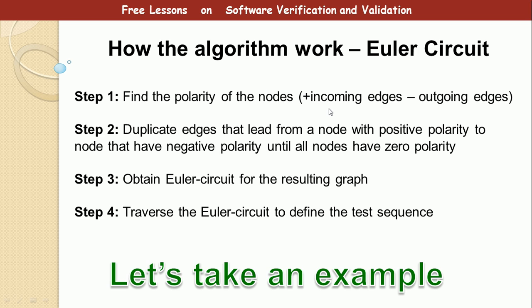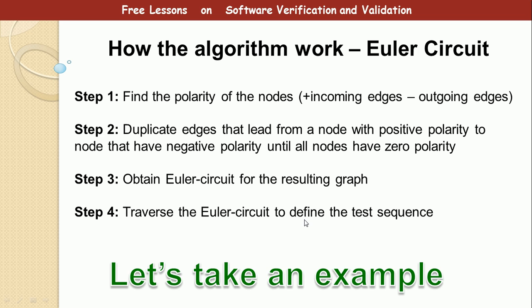The polarity of a node is a number that is calculated by plus incoming edges to that node, minus outgoing edges. We are going to look at the example and it becomes very clear. At the end, you obtain Euler circuit for the resulting graph. Then go ahead to traverse the Euler circuit, and that defines the test sequence.